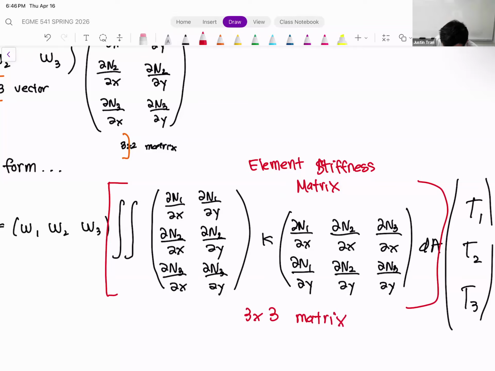Considering all the other problems we've seen in this class, a 3x3 is not bad, that's only 9 expressions in total. There's just a lot of multiplication and a lot of shape functions that go into that 3x3 matrix. Again, we're not really going to be computing these by hand, but we are going to write code to do this for us.